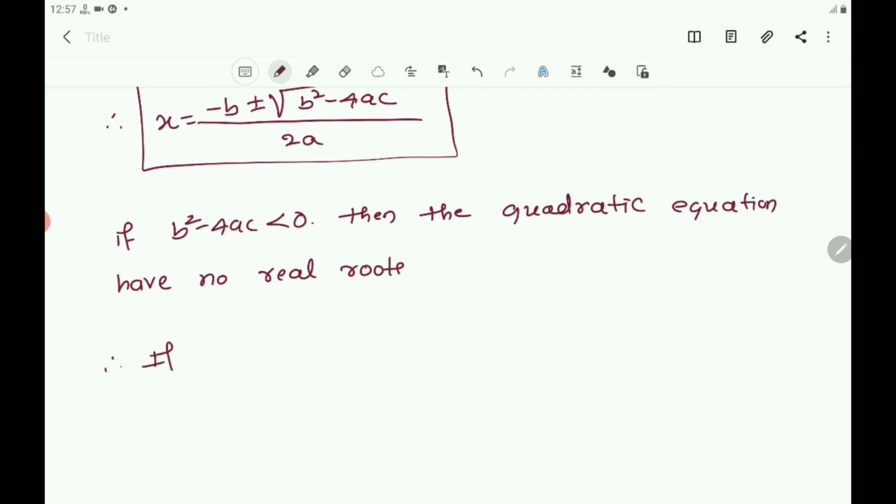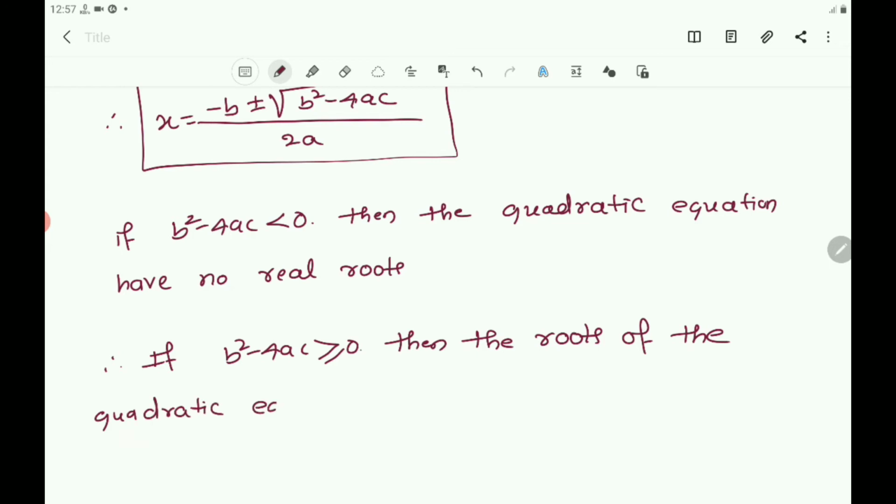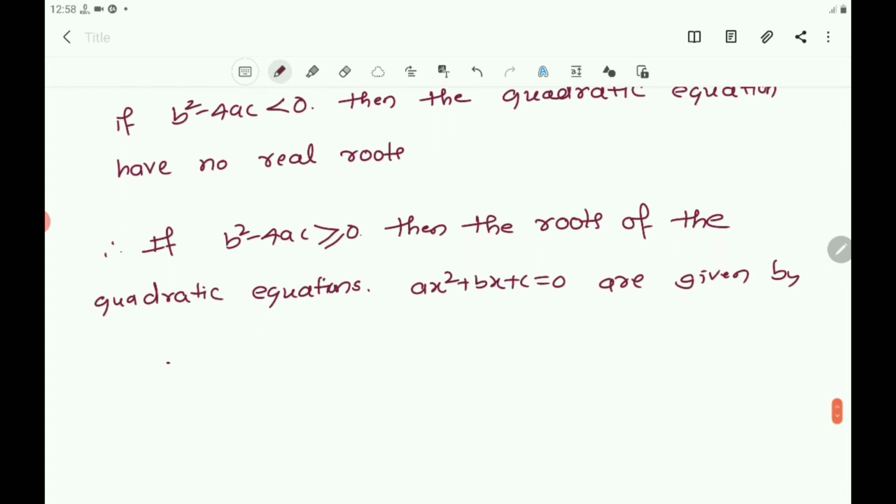Therefore, if b² − 4ac is greater than or equal to 0, then the roots of the quadratic equation ax² + bx + c = 0 are given by what? x = (−b ± √(b² − 4ac)) / 2a.